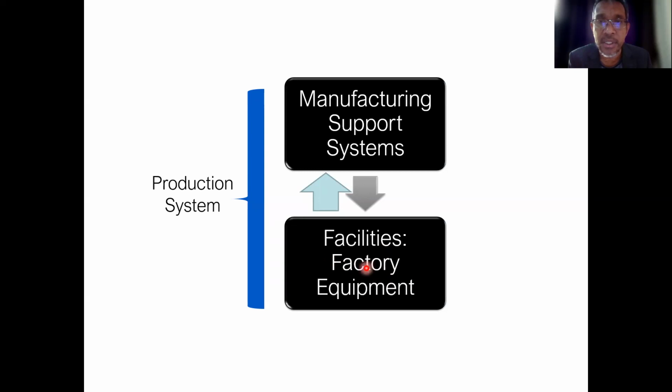The factory also has people inside to carry out the procedures. These two interact with each other. The manufacturing support system normally is not directly involved with the product, but it supports the staff and the machines inside the factory.